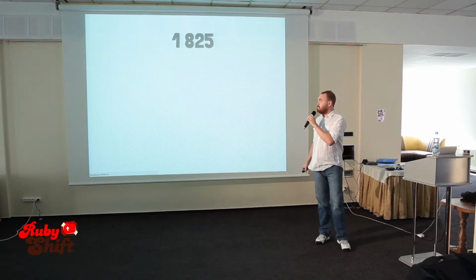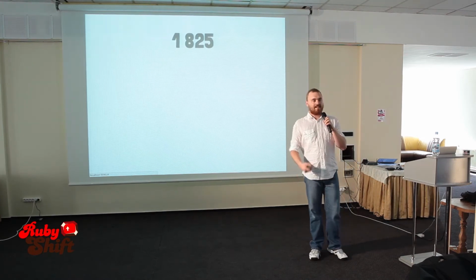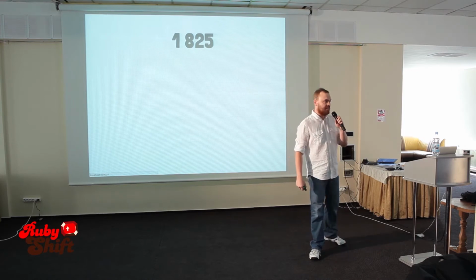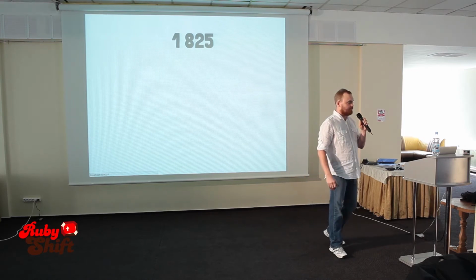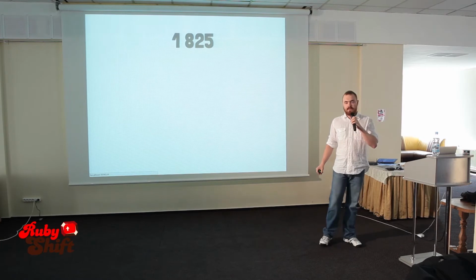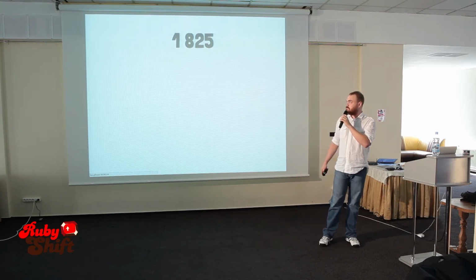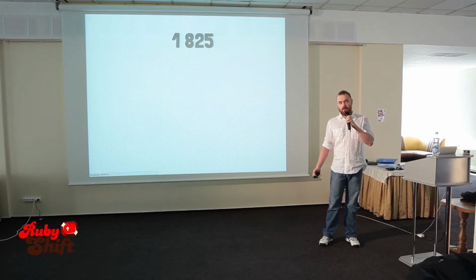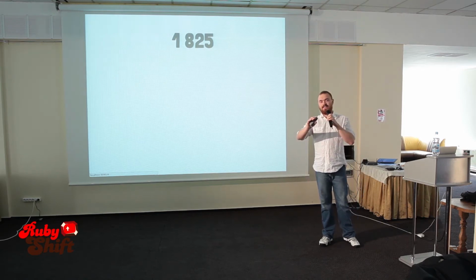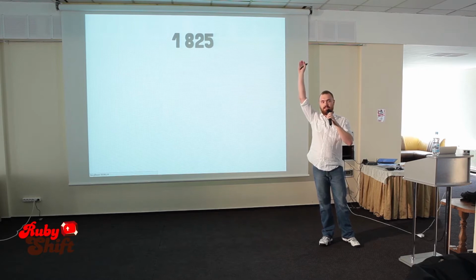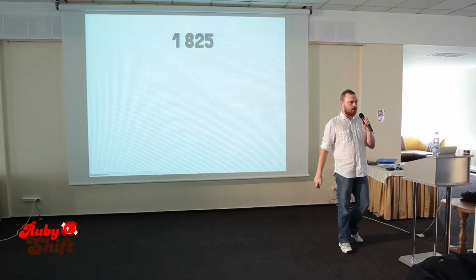So why Sinatra? Sinatra has 1,825 lines of code. Of course, it depends how you measure it, and it's a web framework. By the way, who knows Sinatra or at least created a hello world in it? Great. So it's really brilliant that you can fit all this into so few lines of code.